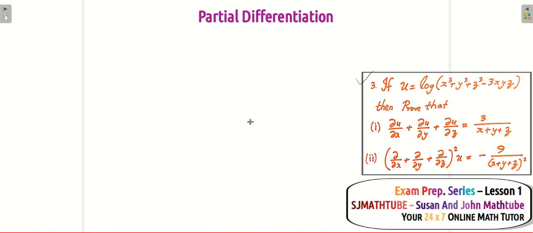Okay, so let's start. But before we start, a small note. Look at this. This is a symmetric expression. Symmetric expression means if you replace x with y and y with z and z with x, there will be no change in the function.